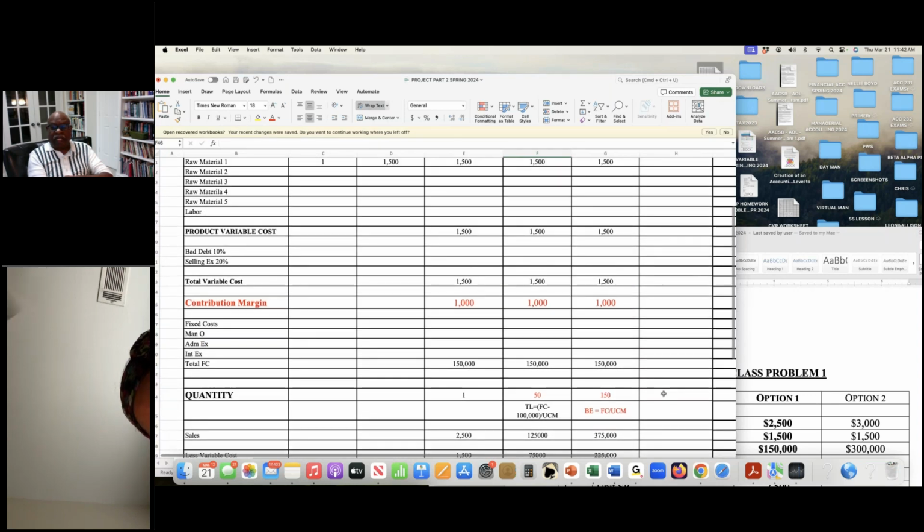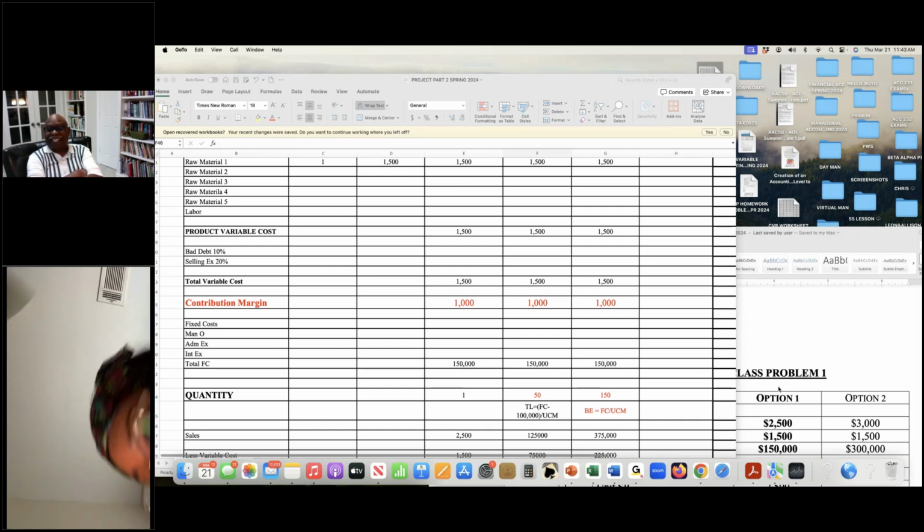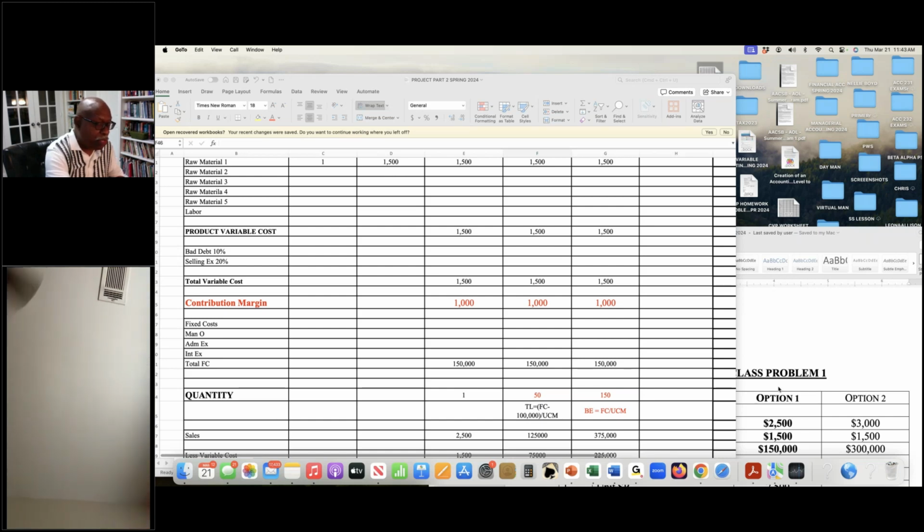So we're trying to get this quantity. I'm going to give everybody 5 minutes, and then I'm going to ask someone to walk us through that, and we'll have backup since she's a finance major. So everybody work and see if you can tell me how many you've got to sell so that you'll make $1 million.